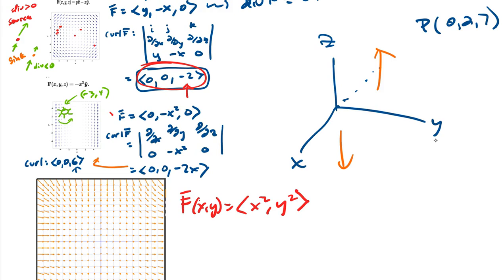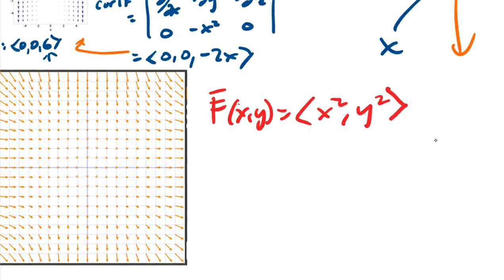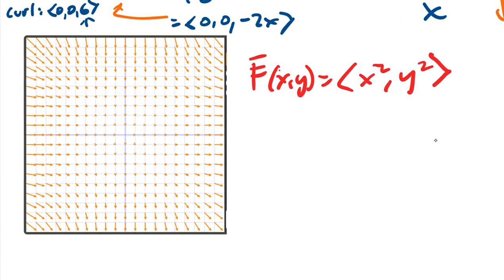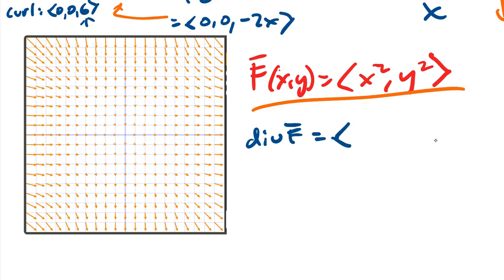So yeah, that's right. Now let's look at this one here. The divergence of f will be 2x plus 2y plus 0 if you want.